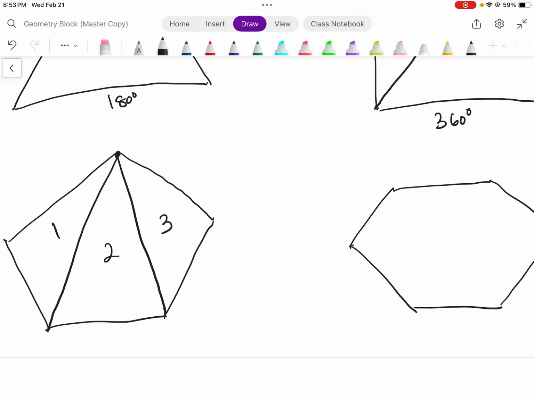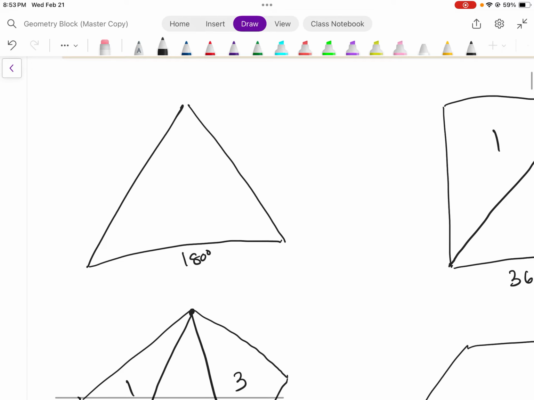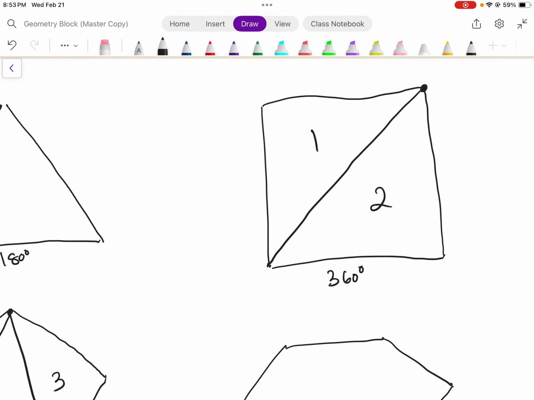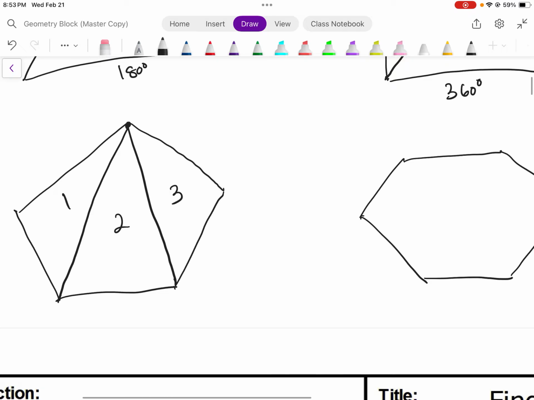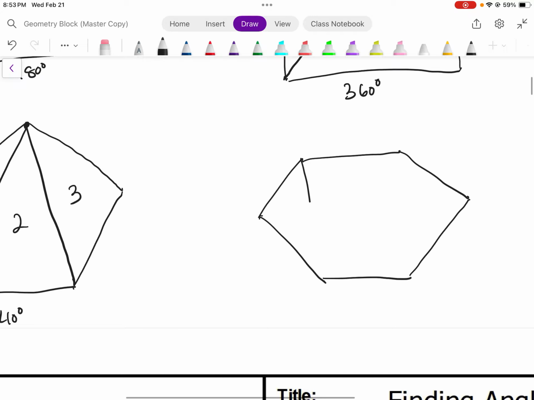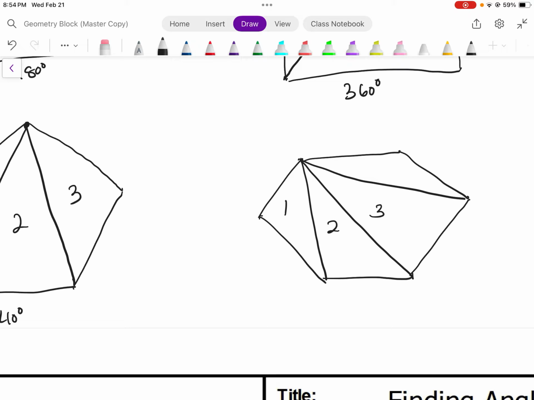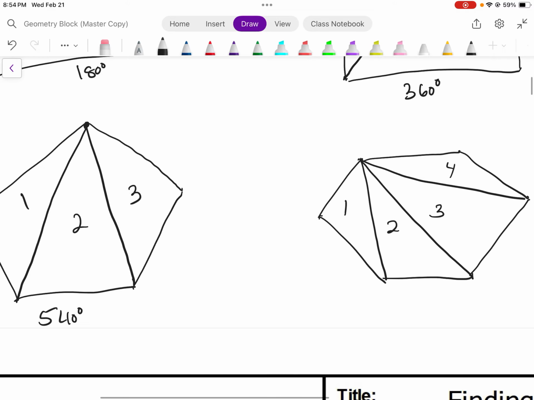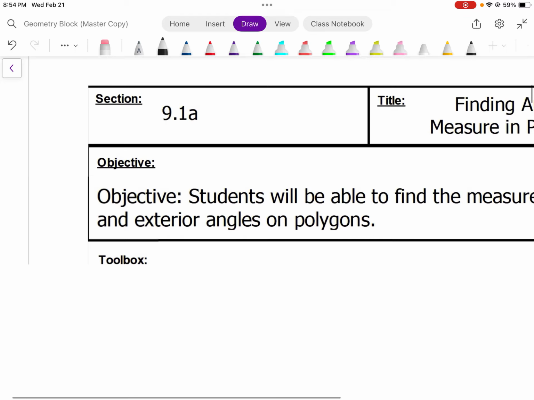So if you can guess, one triangle is 180, 2 triangles, double that, that's 360, 3 triangles, 540 degrees. Do that with a hexagon now. I can form 4 triangles. Hopefully you see the pattern here. Each triangle that I add to a polygon, another 180 degrees.